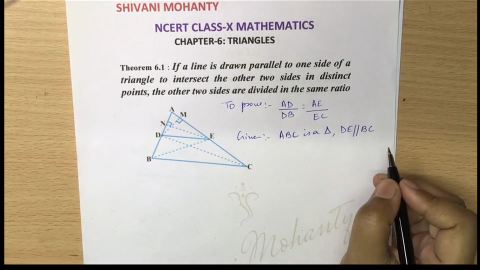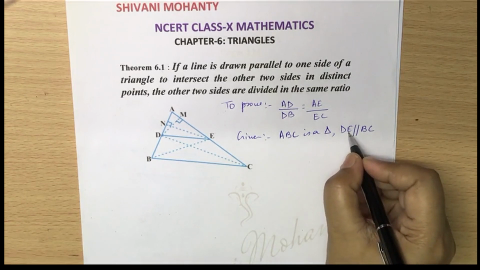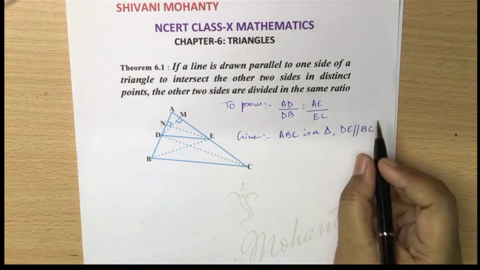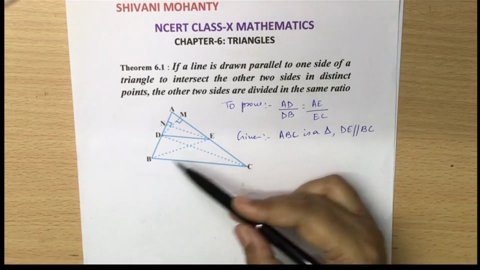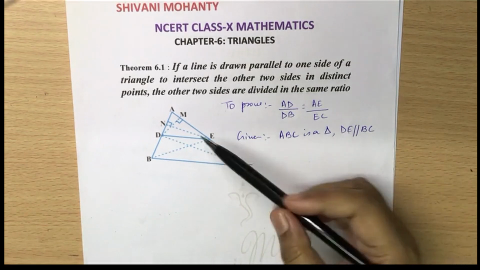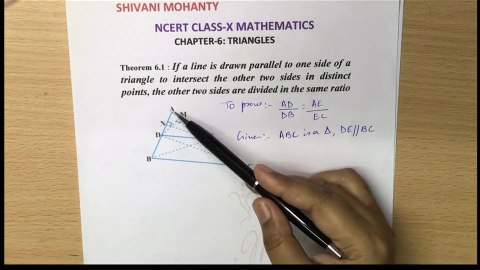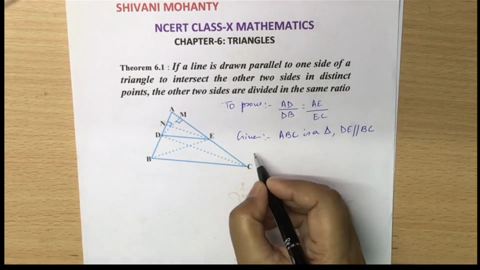And DE intersects, you can say it intersects, okay, it's not required. You simply write DE is parallel to BC. I wanted to write that this line intersects AB at D and AC at E, but it is not required at all. This is sufficient.